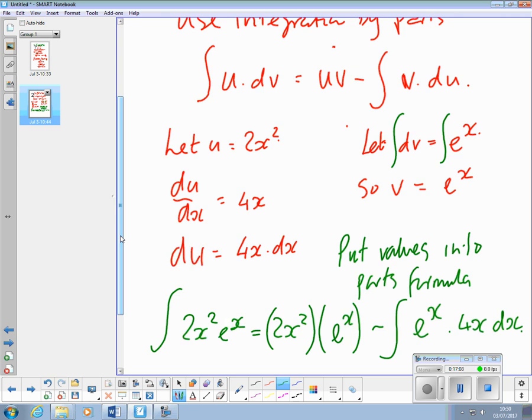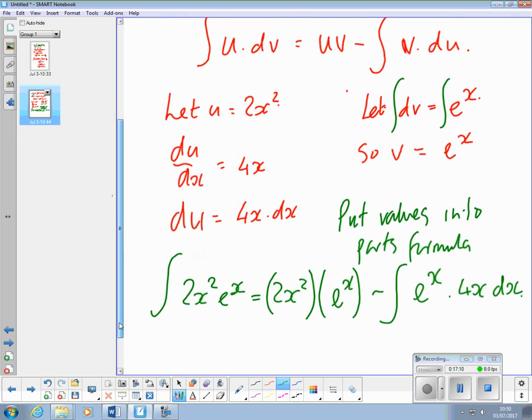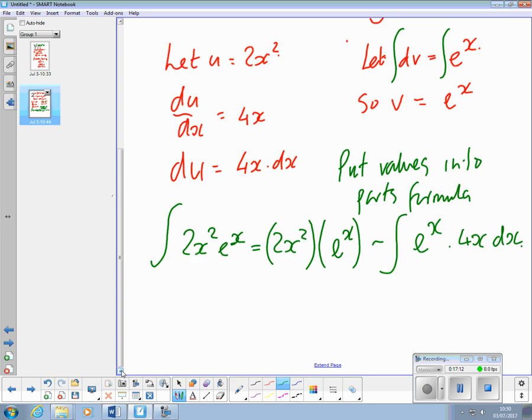Alright? And then there's some simplification that can be done. So we can say it's equal to 2x squared e to the x minus the integral, and hang on, the 4 that is a constant can come outside, e to the x dx.